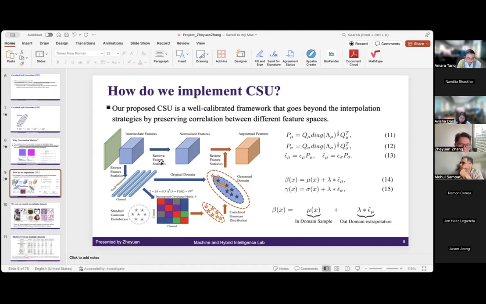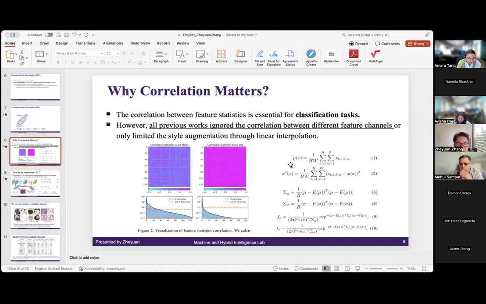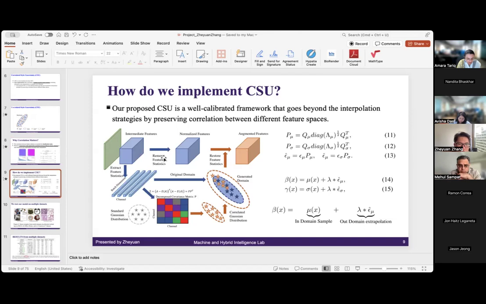Removing here means that it's actually normalized. We use the original values to remove this, just like what we have done in batch normalization: remove the mean and divide by the standard deviation. By doing this, we get all normalized features.